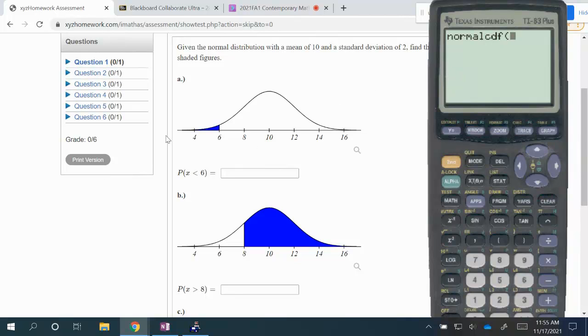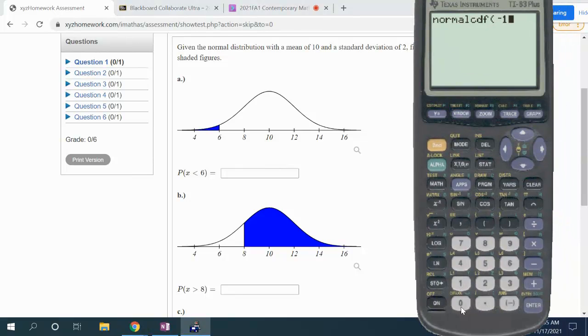For this normal CDF, I'm going to put in my lower bound, negative 100, a comma, the upper bound, which is 6, the mean, which is 10, and the standard deviation, which is 2. And we have our area, 0.022, or if I round, 0.023.